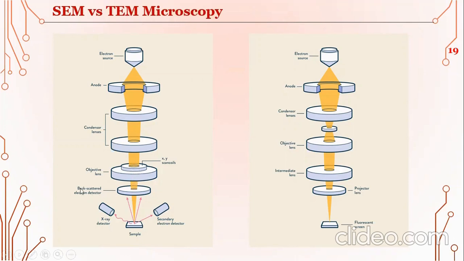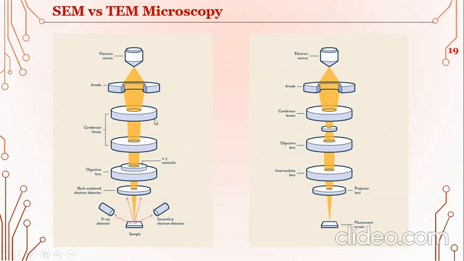After that there is the backscattered electron detector, and they detect the X-rays and secondary electrons, so X-ray detectors are used. And here the fluorescent screen directly detects the specimen.